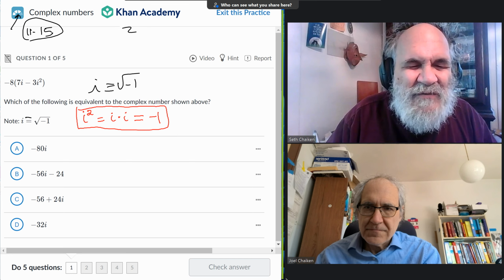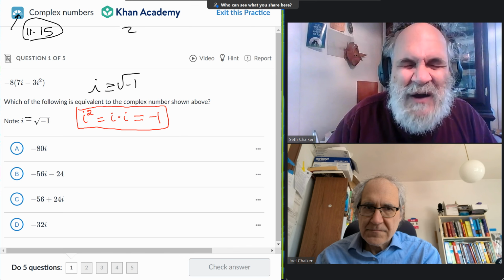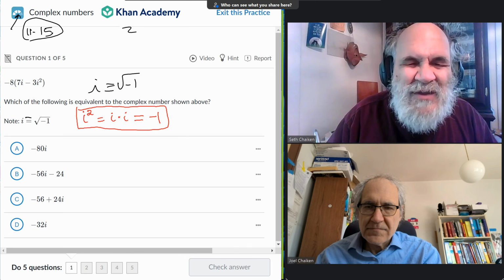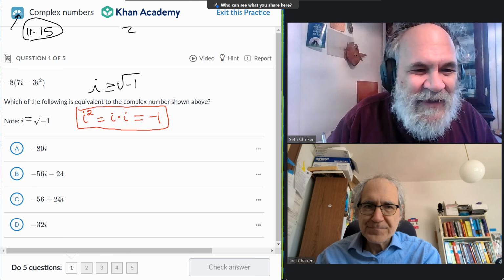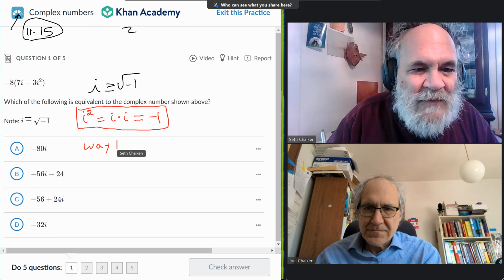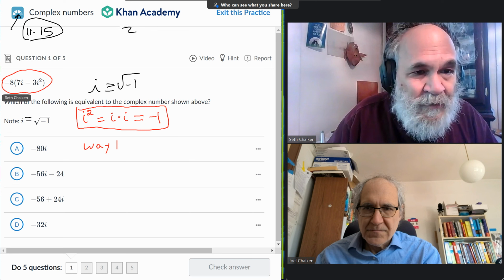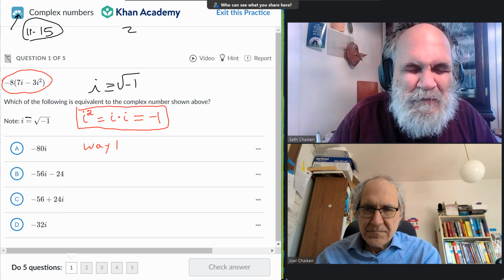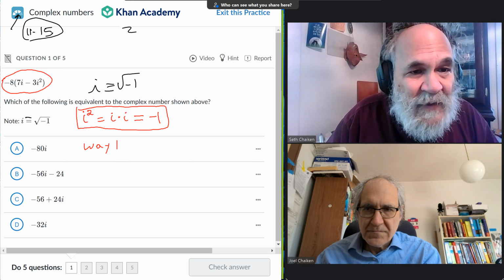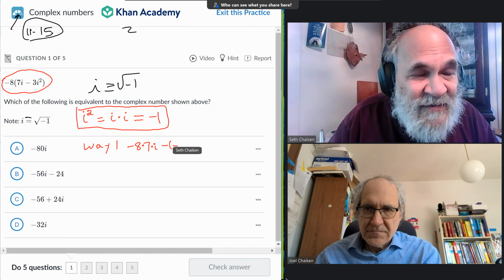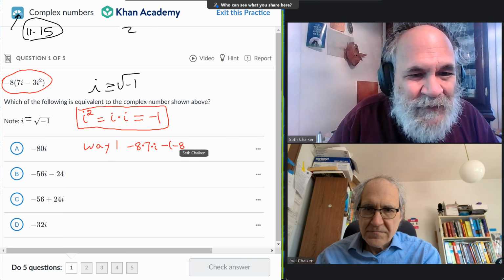I'll give you the first 3 ways of solving this problem. Way number 1. We start with the given expression, and we multiply out: -8 times 7 times i, minus 8 times 3i squared.